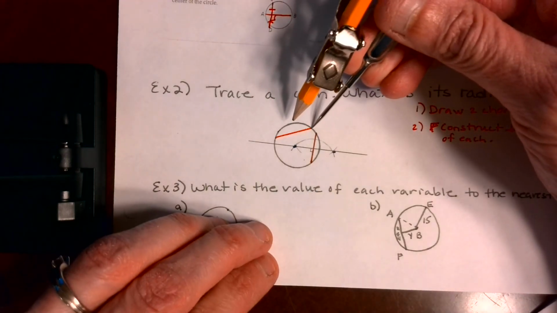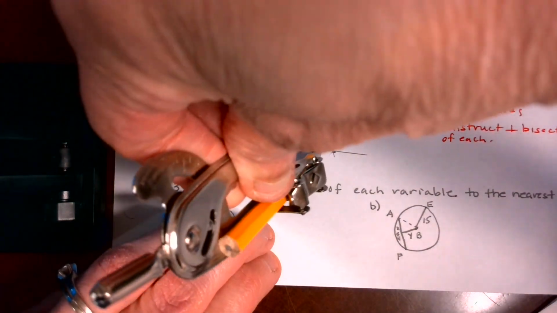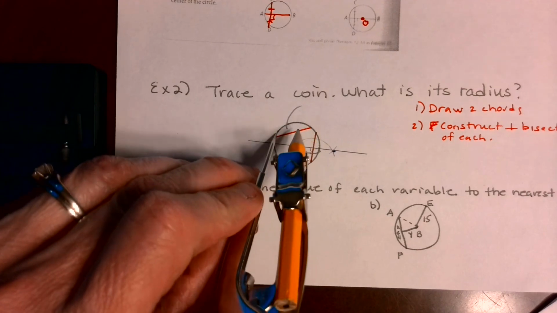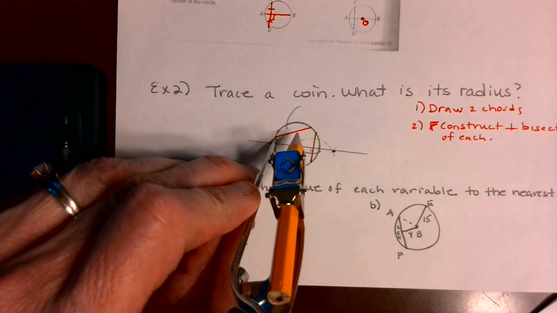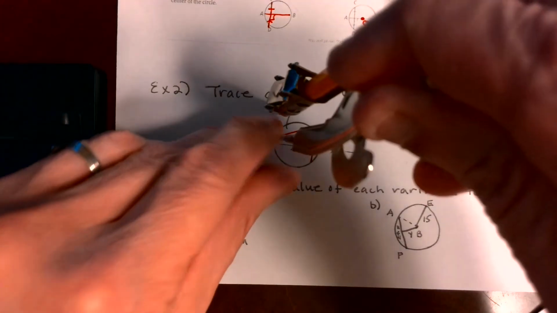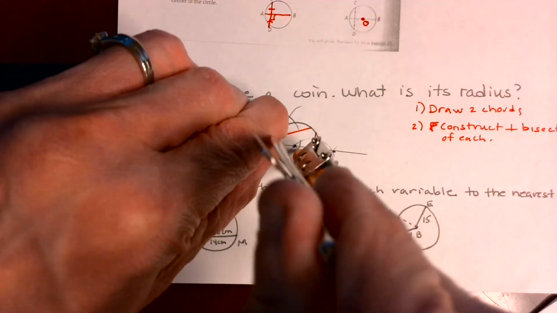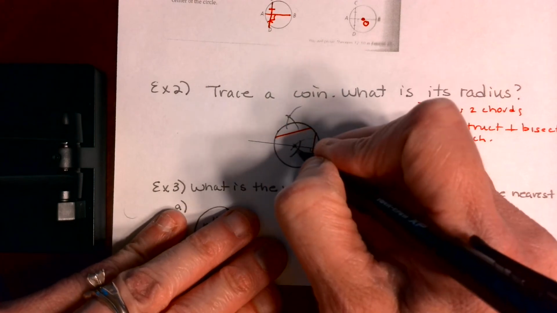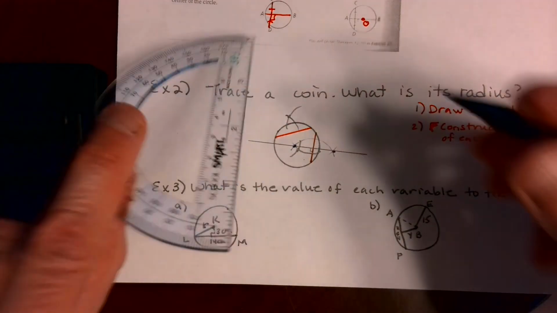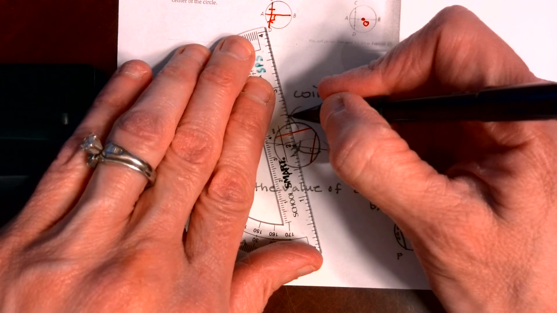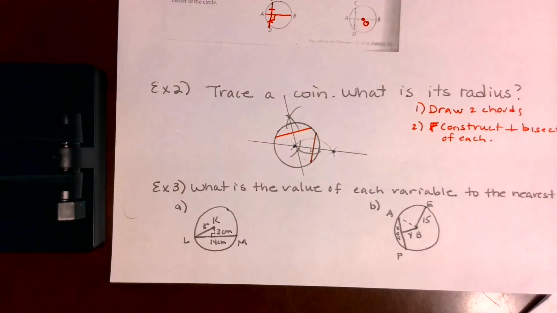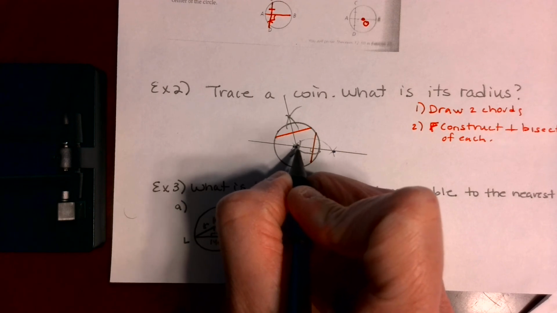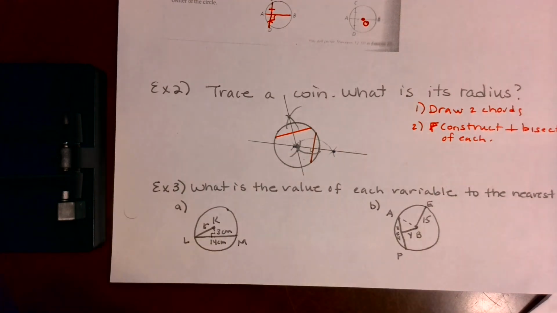Now we do the same thing on this other one. So more than half. And then go to the other side and do it. And there's my two points right there. I'm going to connect those. Keep it straight from the other one. And where they touch, right here, where those two lines hit, is your center.